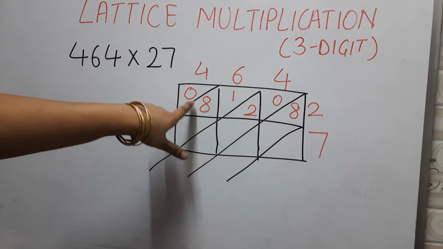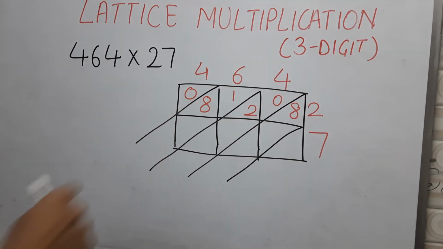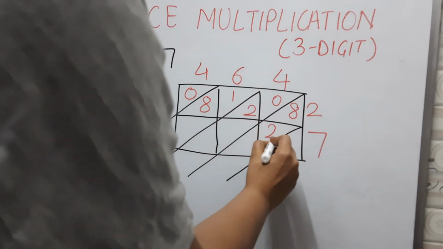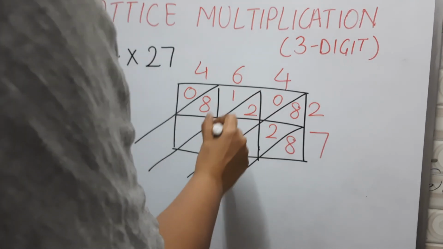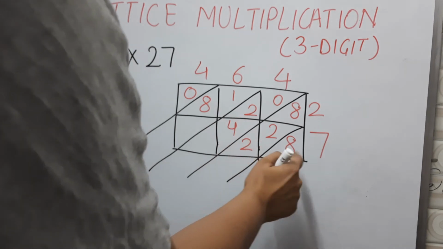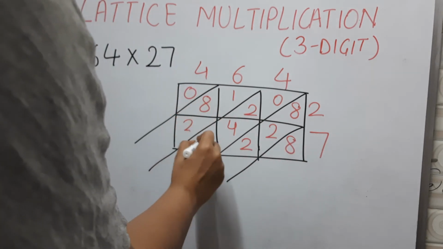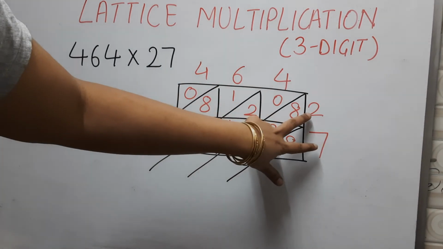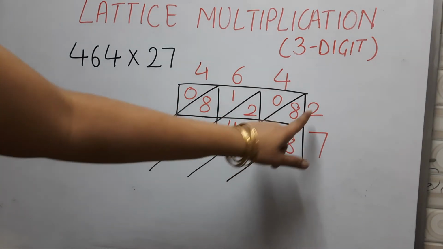The below one is ones and this is tens. So accordingly we write the number. Now here 4 sevens are 28, 7 sixes are 42, and 7 fours are 28. So now I am done with my multiplication with both my multipliers, both the digits.